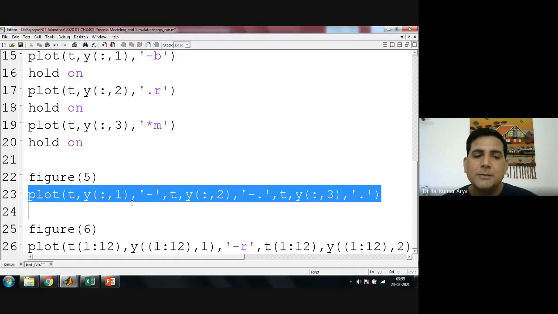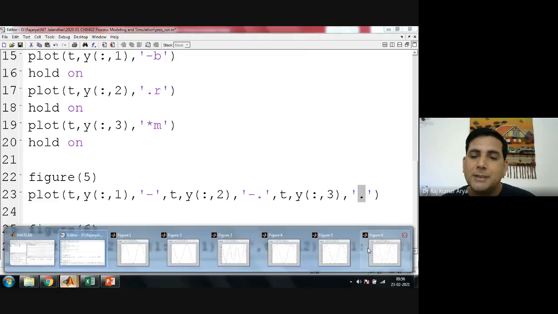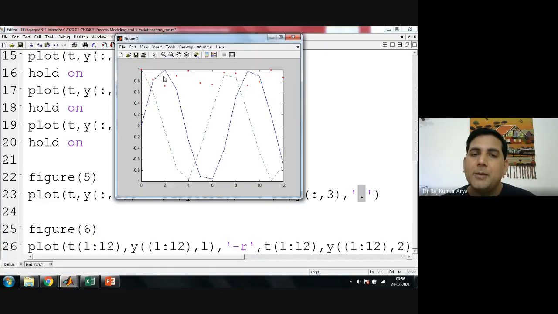And here you are just fixing a pattern. You gave the pattern here: here you have given dash dot, and here just a dot. The color is automatically assigned by MATLAB in this particular order. It gave you blue first, then the middle one green, and after that a red one. So it gives its own colors if you are plotting everything in the same graph by this command.